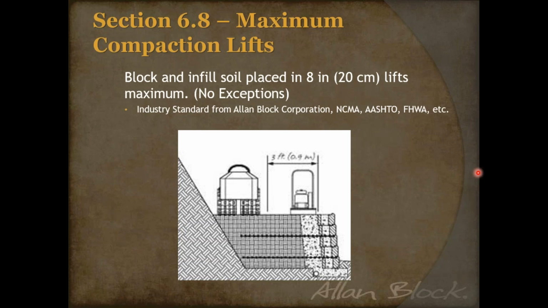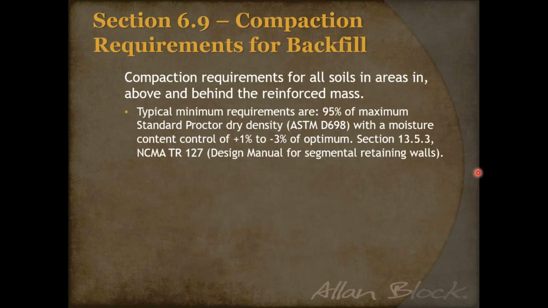6.9 builds off a little bit more of our level of effort, getting back to the proctor tests being done. Best practices here refers to standard proctor. Usually about 95% of standard proctor might be closer to 92, 93% modified. But keep in mind, moisture density is so critical, plus 1 or minus 3, so that we've got optimal moisture conditions all the way through.